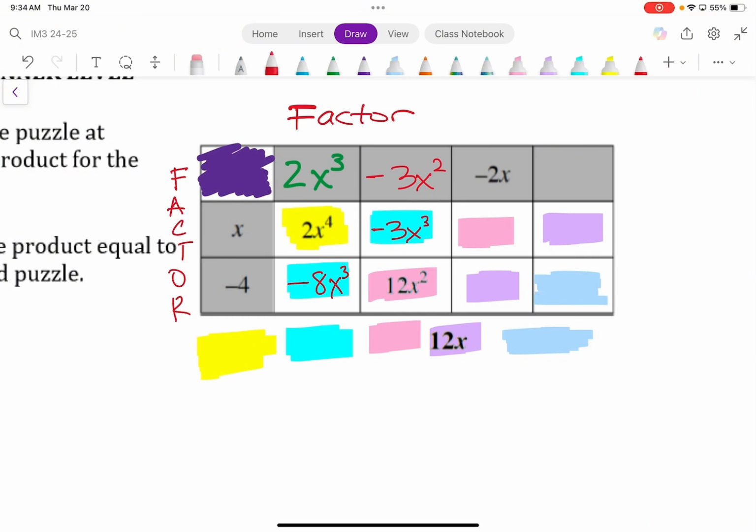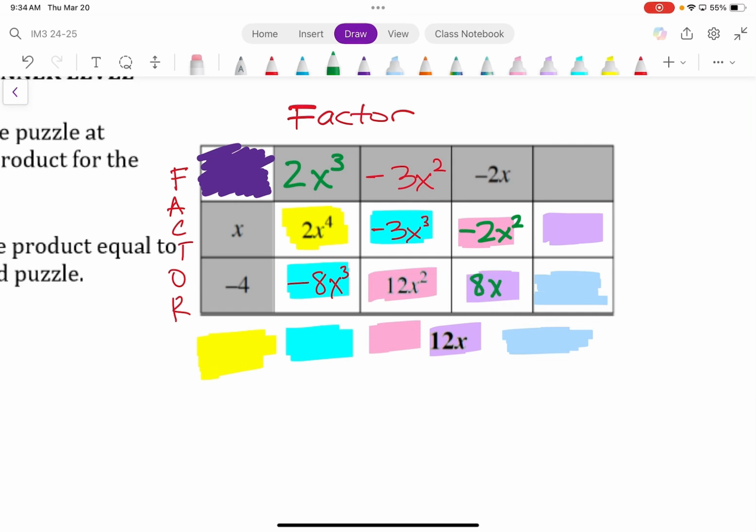Okay. Let's move columns. Next column, third column. Negative 2x times x is what? Negative 2x squared. What goes underneath negative 2x squared? 8x. All right.